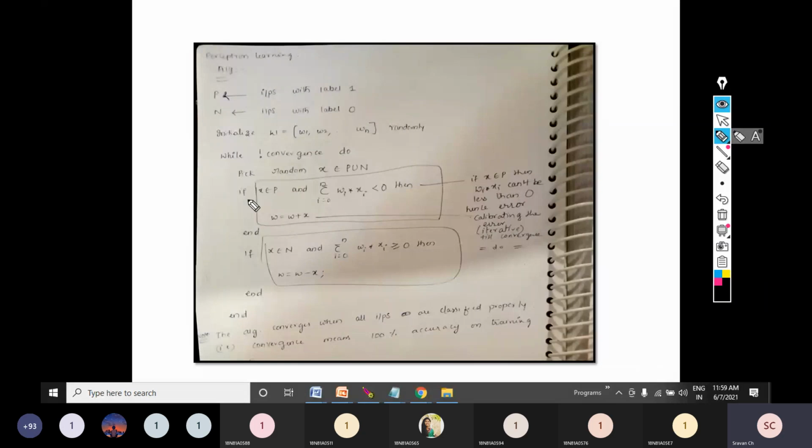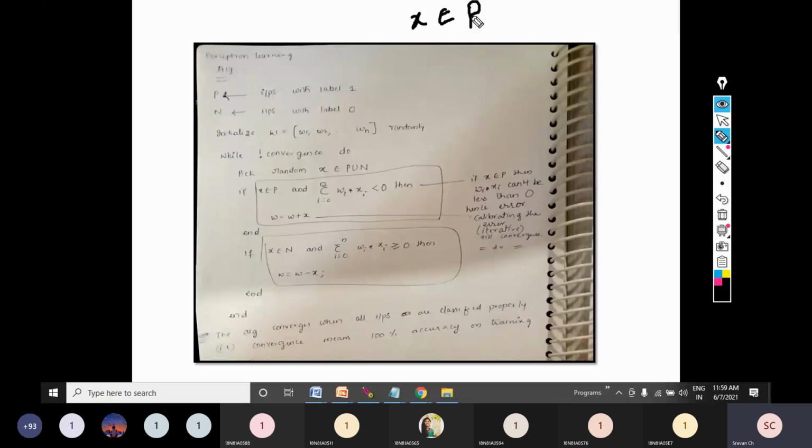What is this x? If x belongs to P, what do you mean by this? X belongs to P means it's a positive example, and a positive example means the output should be 1. That fellow should go for playing tennis.